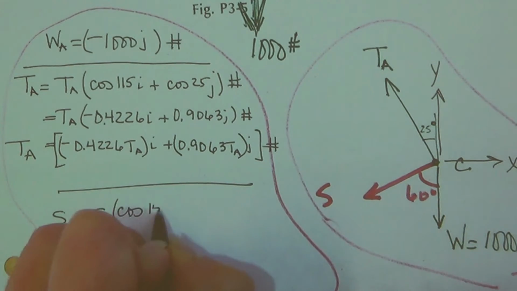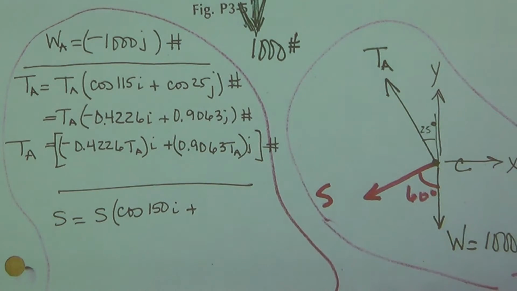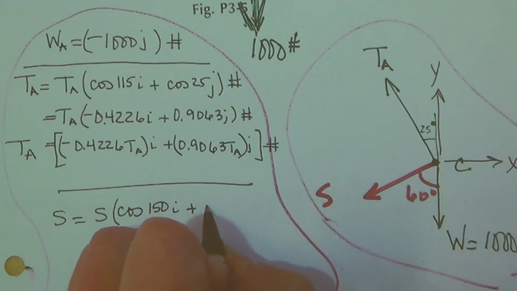60 plus 90, right? 180 minus 90, minus 60 is 30, so the angle is 150 and 120.